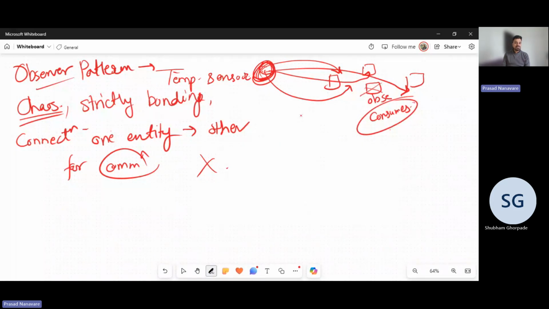Once the change occurs, the subject will broadcast it across its subscribers, and then they receive the message. So this is how it is made easy with the observer pattern, a subscriber based model. It is used where event driven systems, interrupt handling and sensor data collection are there, a lot of sensor driven systems.